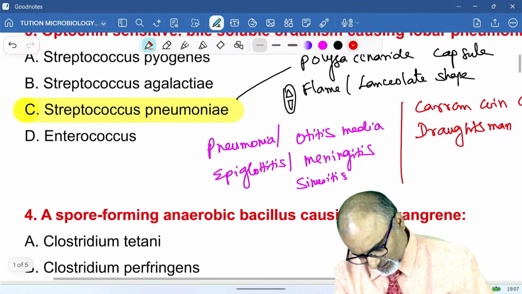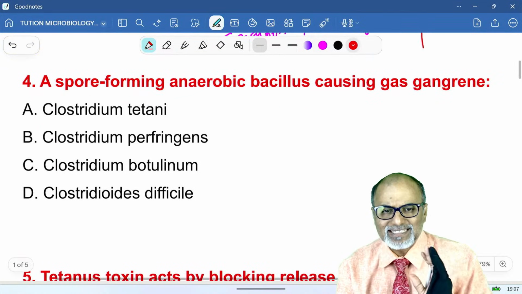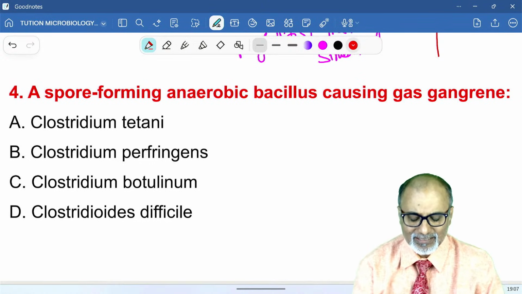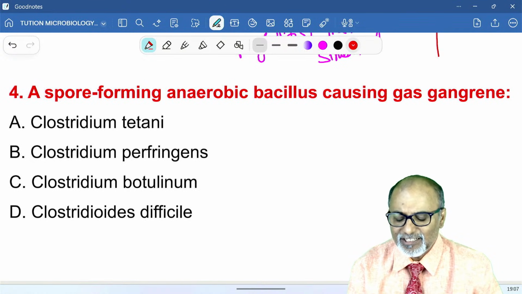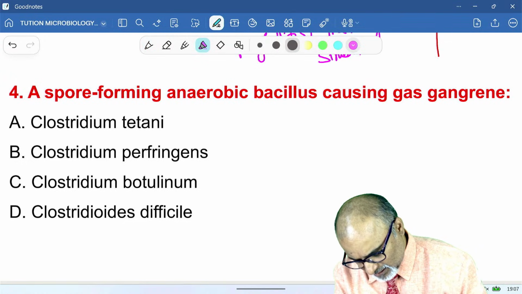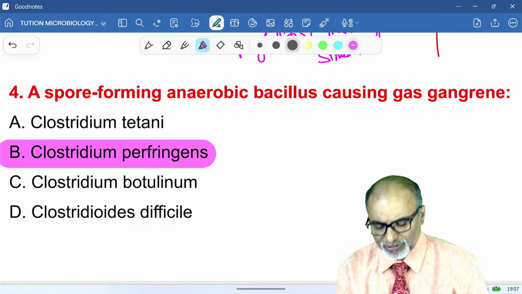Next is the spore forming anaerobic bacilli causing gas gangrene. What is gas gangrene? You can see crepitus, gas bubbles in the muscles. That is called gas gangrene. It is a deadly condition caused by an anaerobic bacterium called Clostridium perfringens.